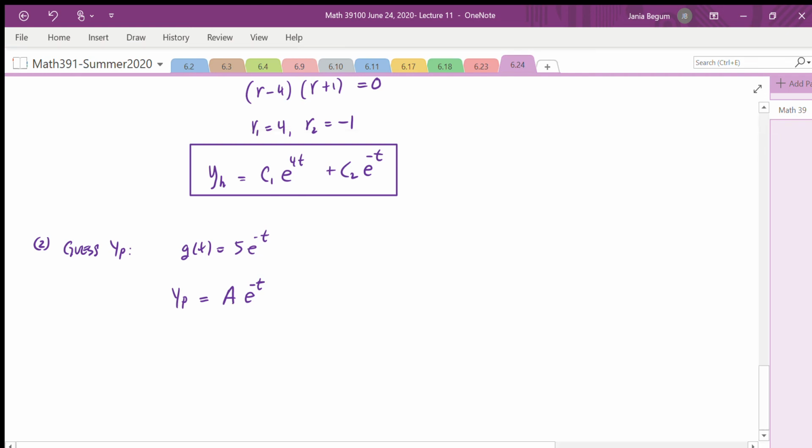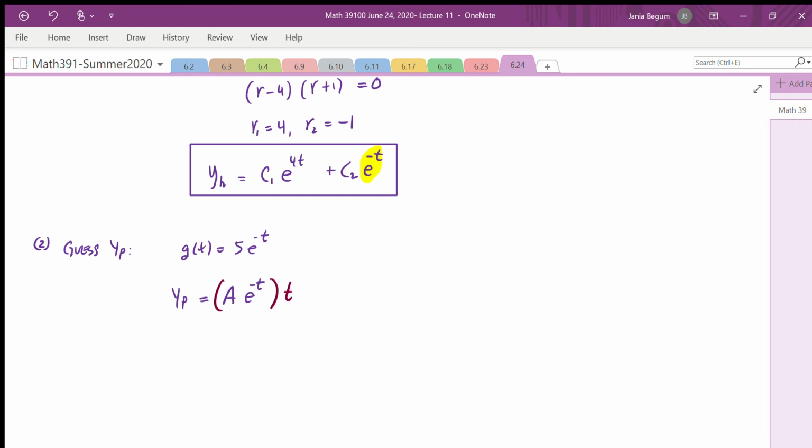If you look at this one and the yp that we just guessed, they're exactly the same function but just differ by a constant. So that's a problem. So we're going to modify it by multiplying it by t.